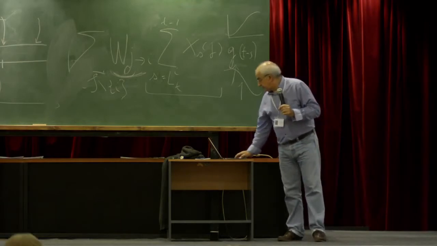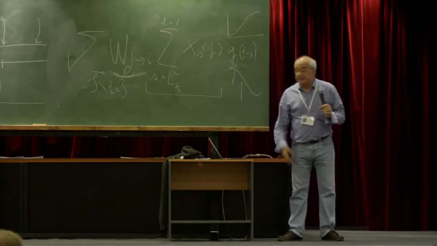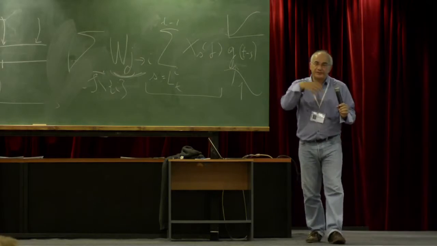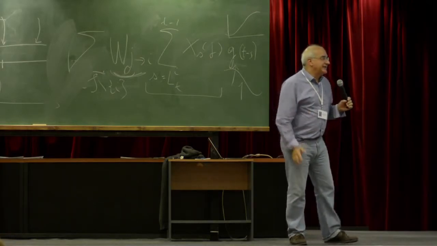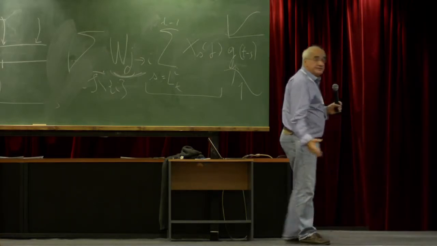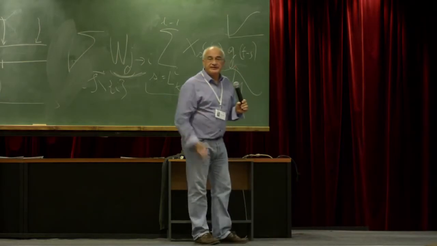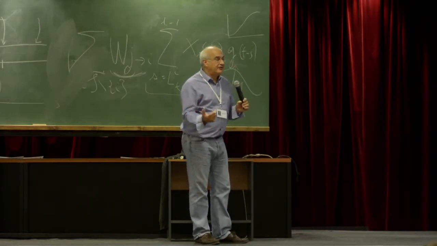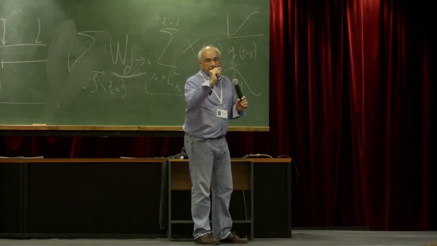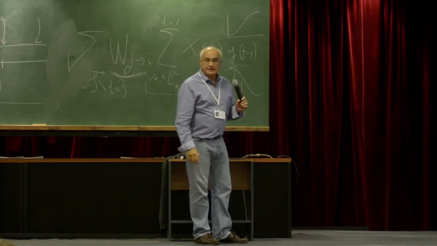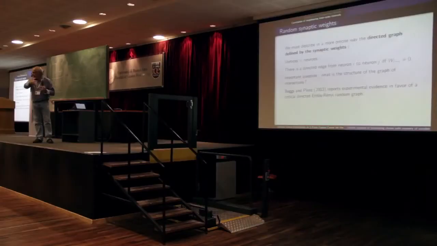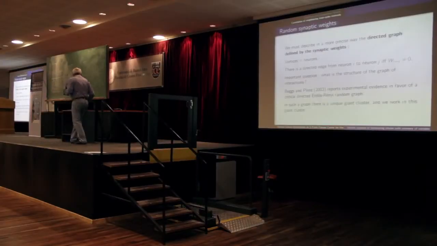Now there is this wonderful paper by Galves and Planck, wonderful because it's well written, with lots of interesting ideas. They claim that they have experimental evidence in favor of a slightly supercritical Erdös-Rényi random graph. I will explain what an Erdös-Rényi random graph is.